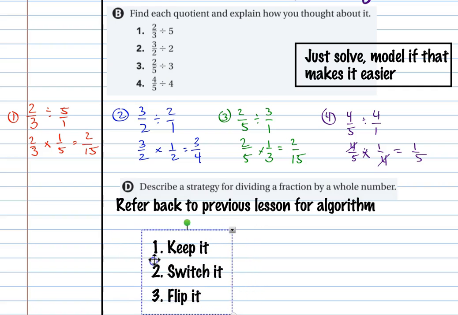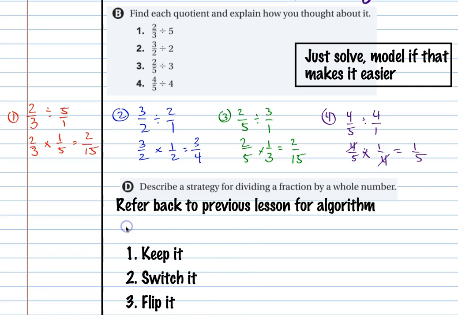And sometimes, maybe like a step 0, let me put it up here. Sometimes it depends on if you need to do this or not.